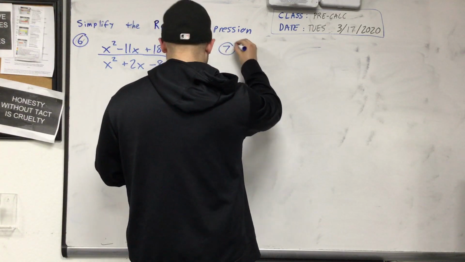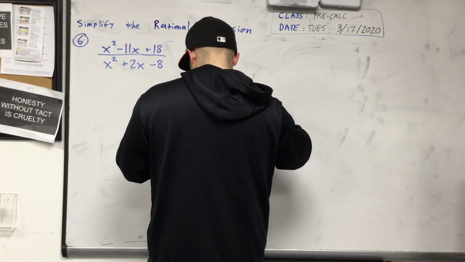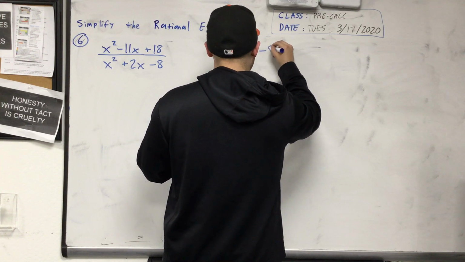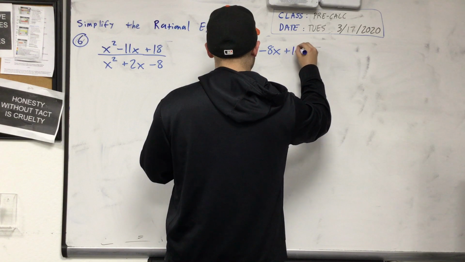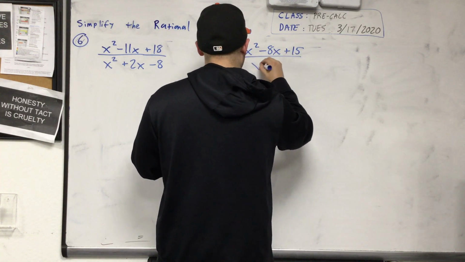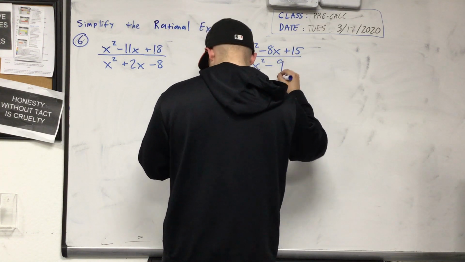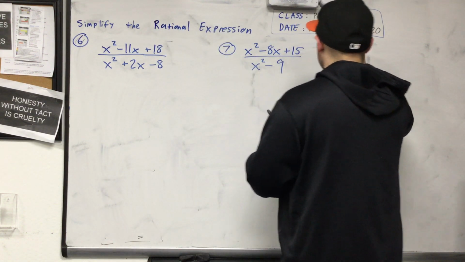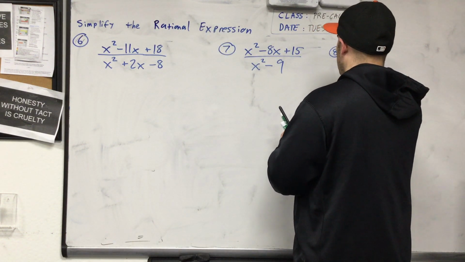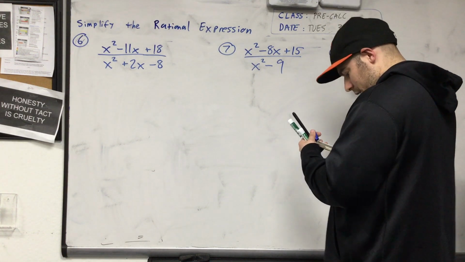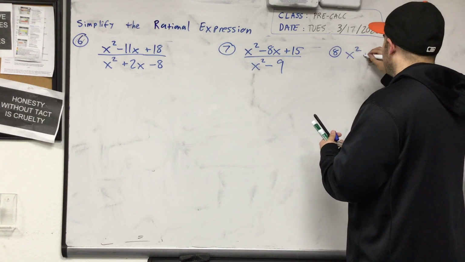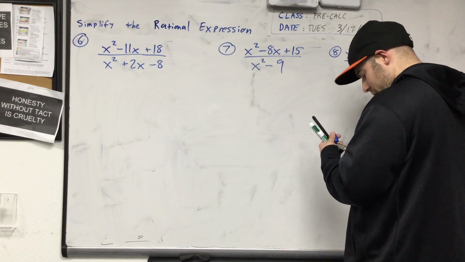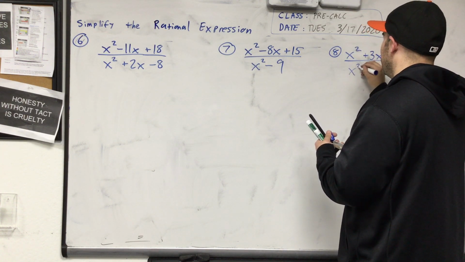Put number 7 right here: x squared minus 8x plus 15 over x squared minus 9. And number 8: x squared plus 3x minus 28 over x squared minus 49.